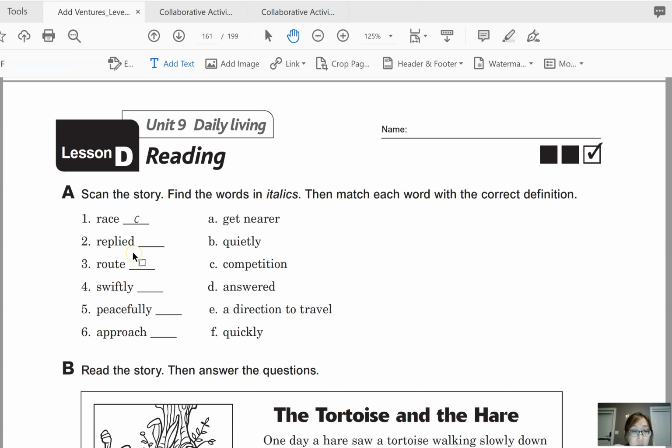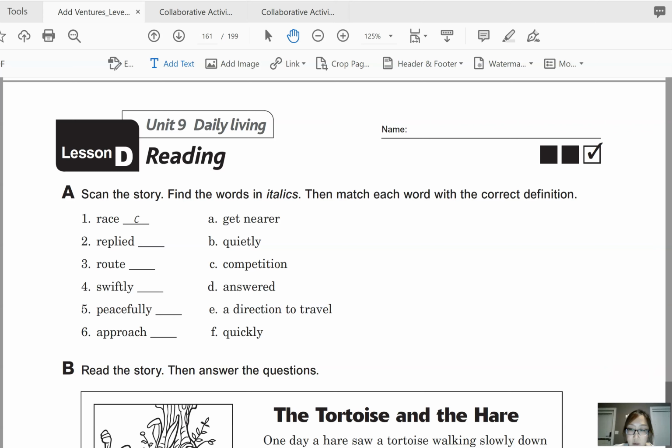So we just say replied means answered. Okay, and then number 3, route. And you can also pronounce this word as route. So some people say route, and some people say route. Okay, so we can say a route is a direction to travel.